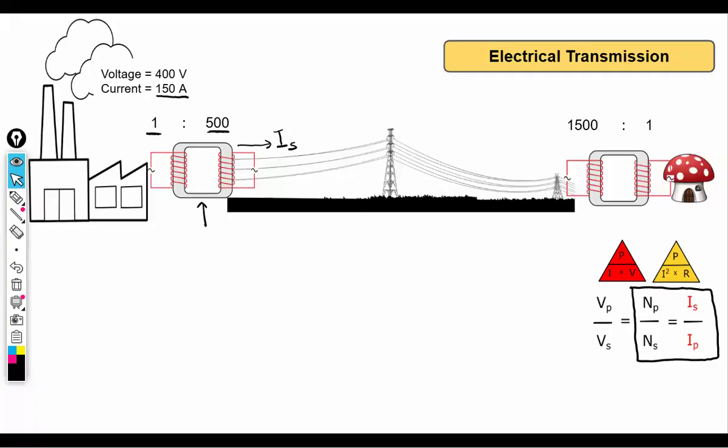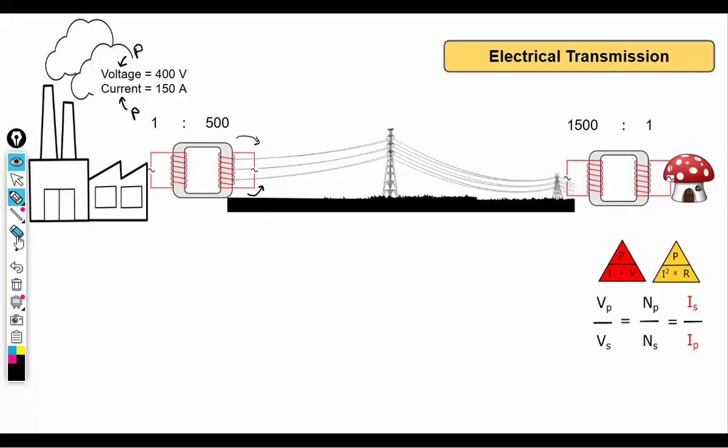Right. So remember, we have these values here. This 400 and 150 are primary values. This here is the primary voltage, and this here is the primary current. We're trying to figure out what's coming out on the other side of the transformer.